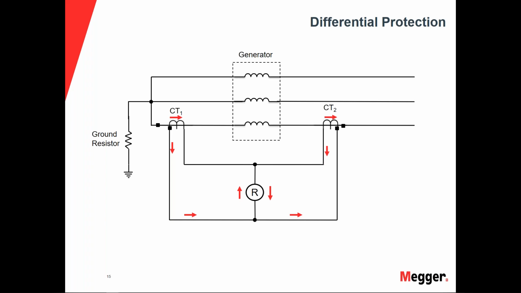Okay, here's an example of a differential scheme, and we'll walk through it briefly. In a normal scenario, as we are generating power through the generator here, we're seeing the current flowing into the CT coming out of the generator, which will flow into the relay differential circuit and then come around as this circuit is made.